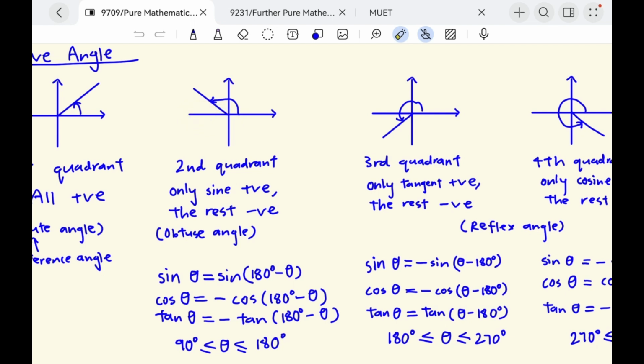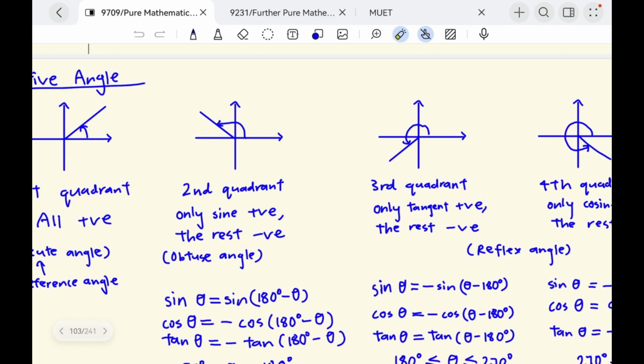Therefore, the rest is negative. Cosine is negative because its x direction is negative, according to the definition of cosine. Tangent is also negative because of the negative x direction, again from its definition.